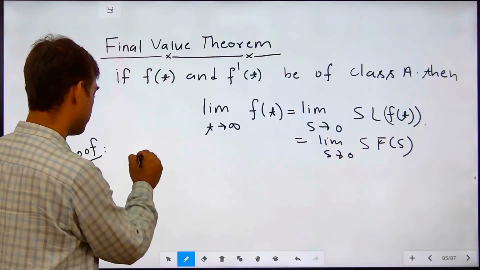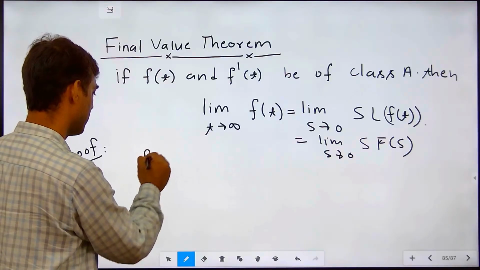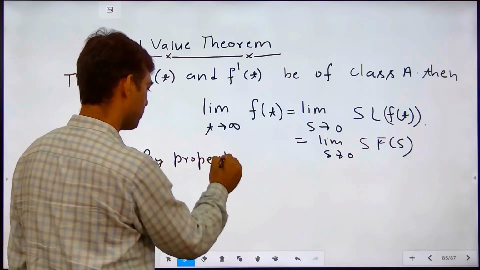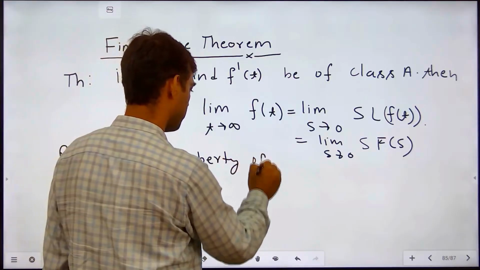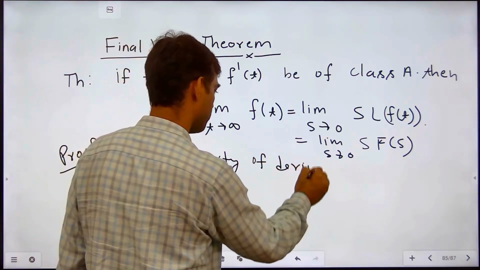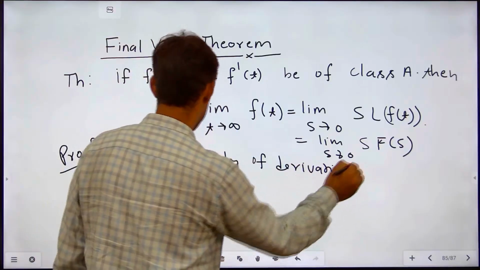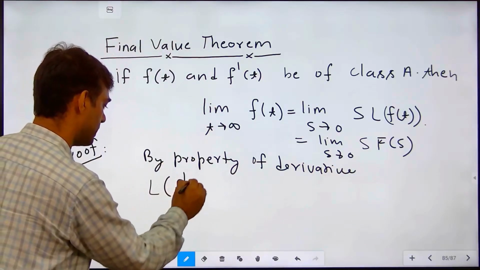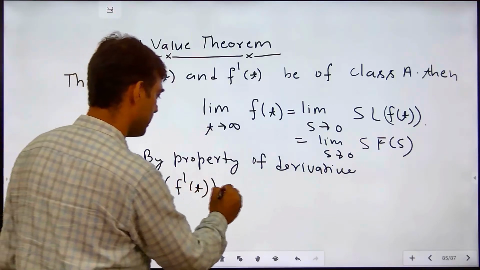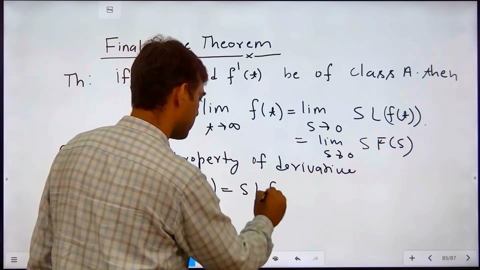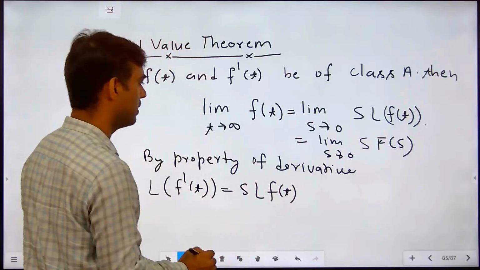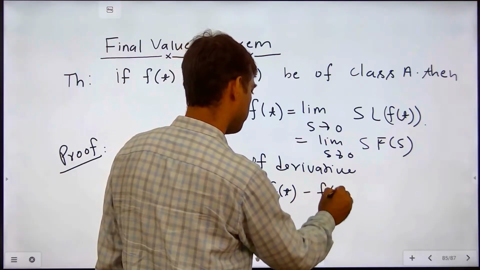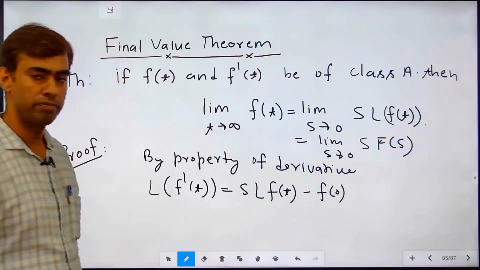Now, by the property of the derivative of a Laplace transform, the Laplace transform of f dash t equals s times the Laplace transform of f(t), minus f(0).